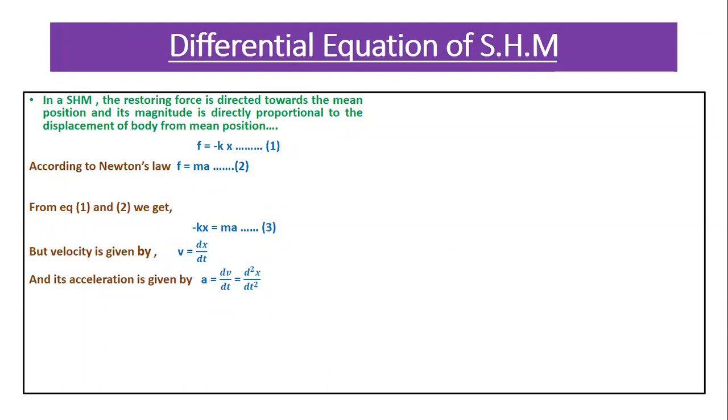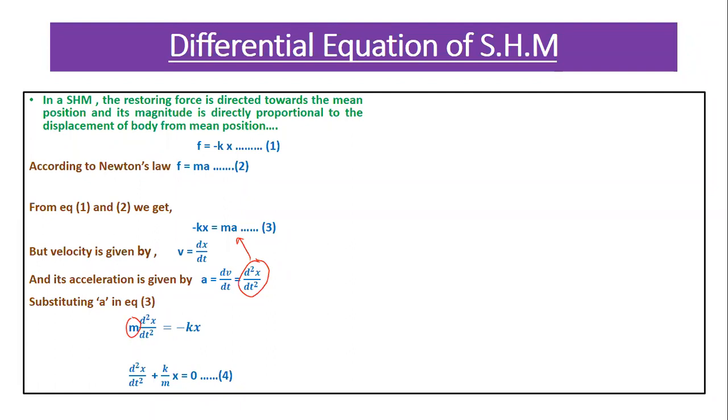We substitute that acceleration value in this equation. After that we get m d square x by dt square is equal to minus kx. Next, we transfer this m to the right-hand side, so we get d square x by dt square is equal to minus k by m into x.